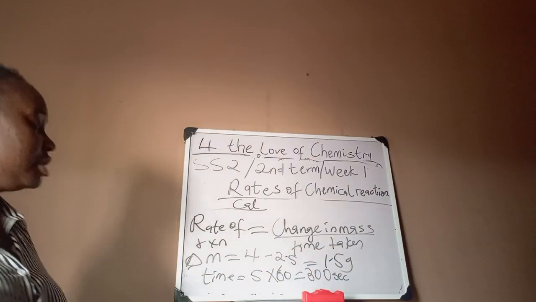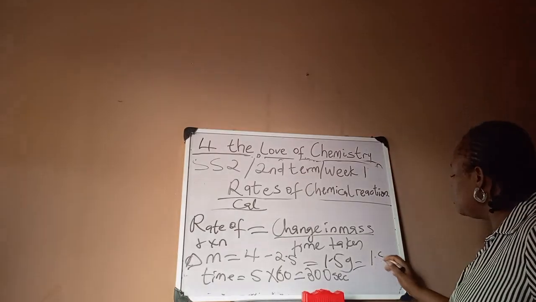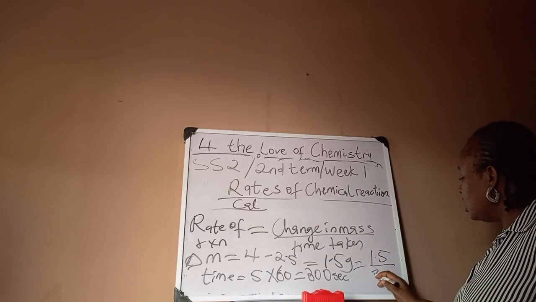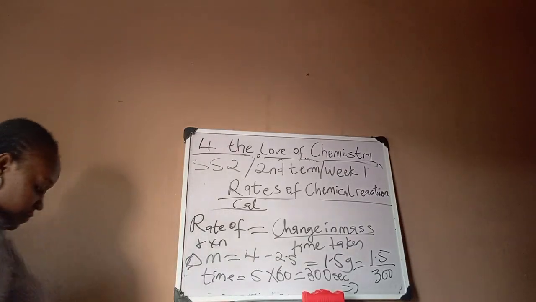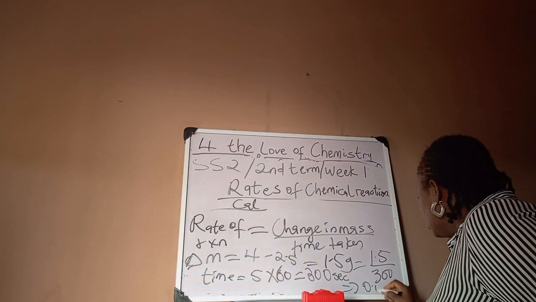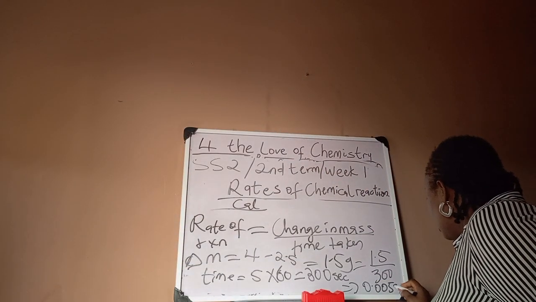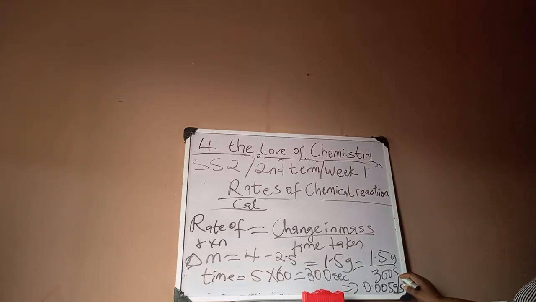So our change in mass over time taken is equal to 1.5 all over 300, which will give us 0.005 gram per second. Gram on top, second under.